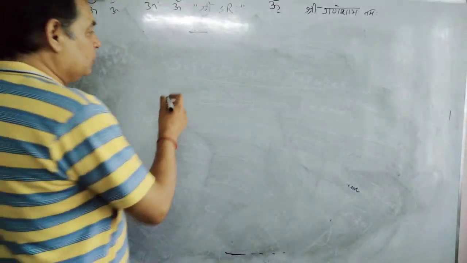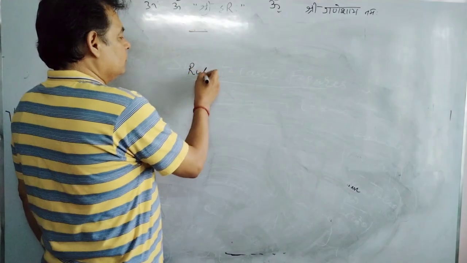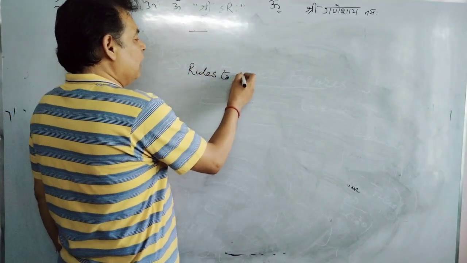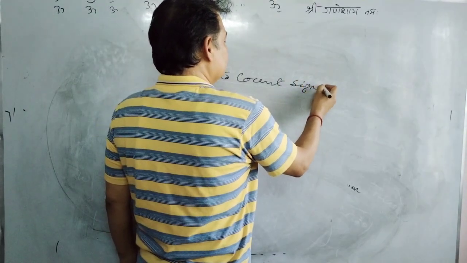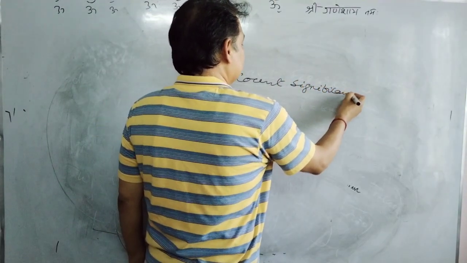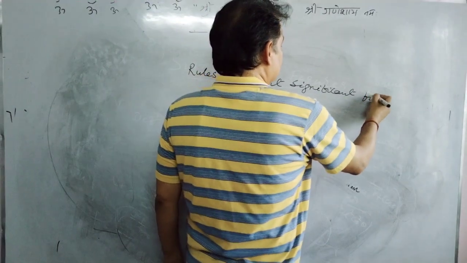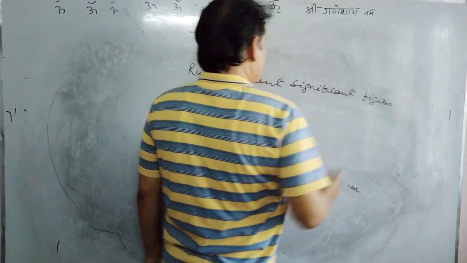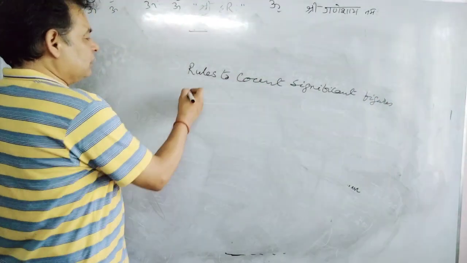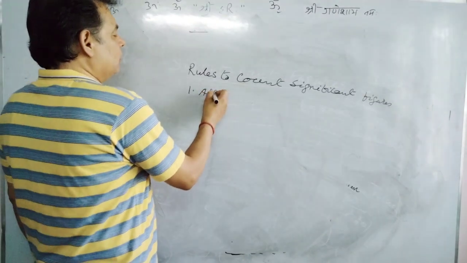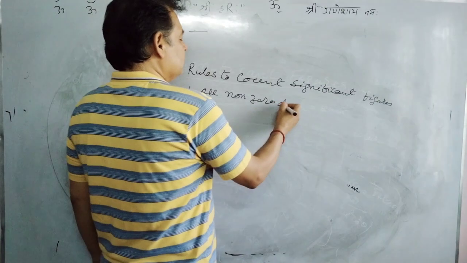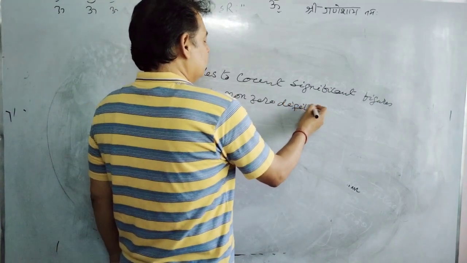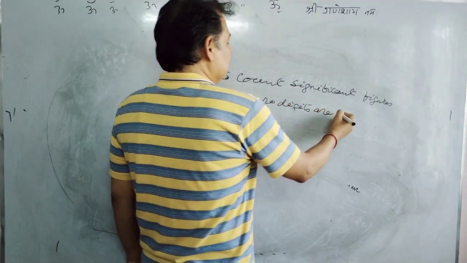Rules to count significant figures. First thing, all non-zero digits are significant.